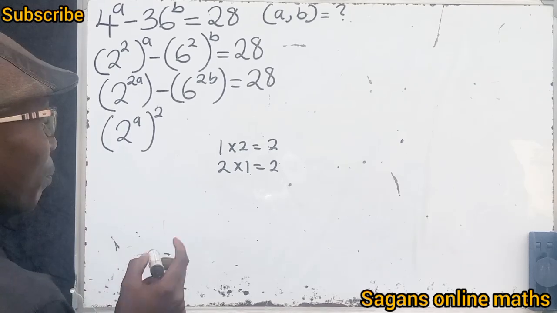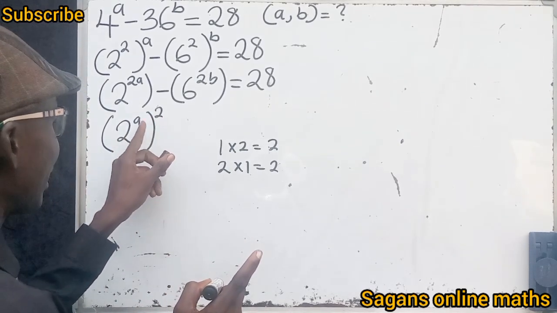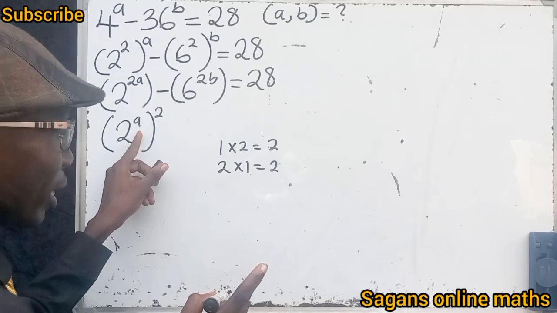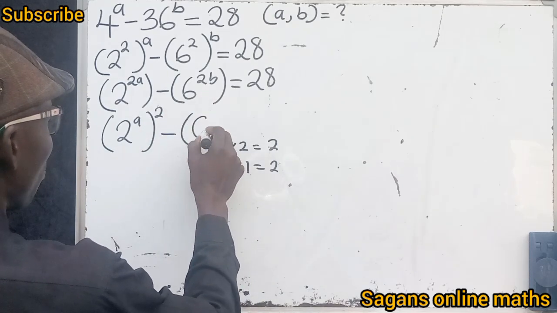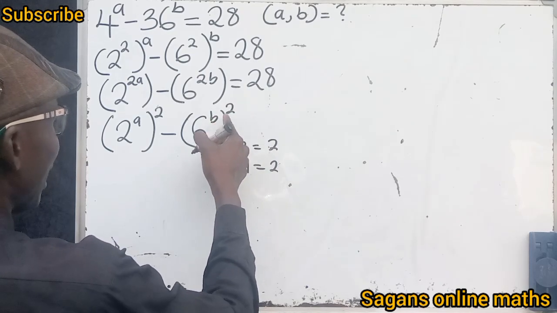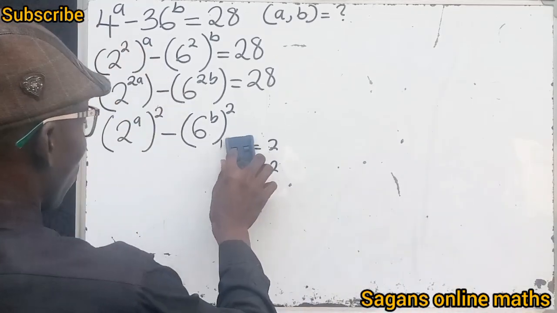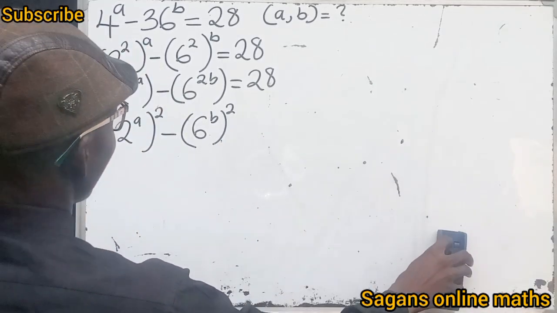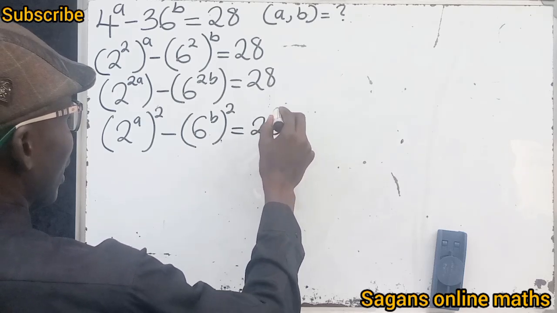We are not wrong, because a times 2 is the same thing as 2a, and 2 times a is the same thing as 2a. Then minus, the same thing here, 6 raised to the power of b, all raised to the power of 2, because b times 2 gives us 2b. So let's remove this from here quickly. Now all this equals 28.